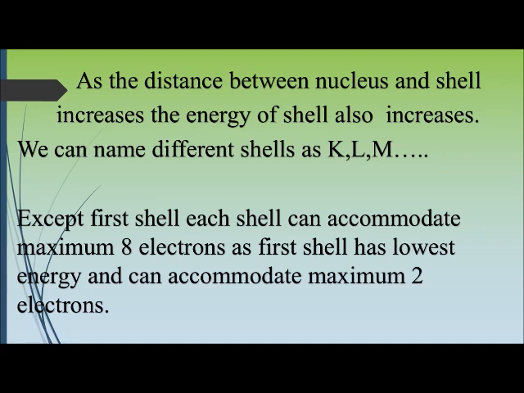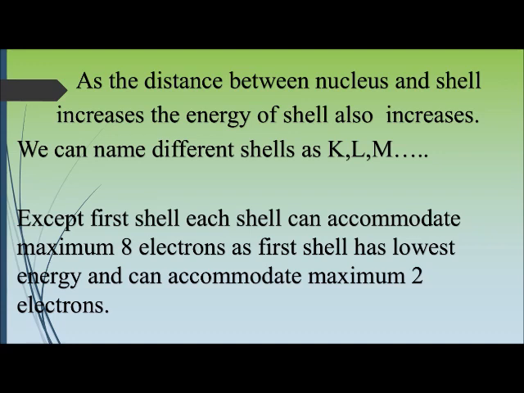As the distance between the nucleus and the shell increases, the energy of the shell increases. Why is this so? Because as the shells are away from the nucleus, the hold of the nucleus on those shells decreases. That's why their energy increases. As they have different energies, we name them with different alphabets: K, L, M and so on.